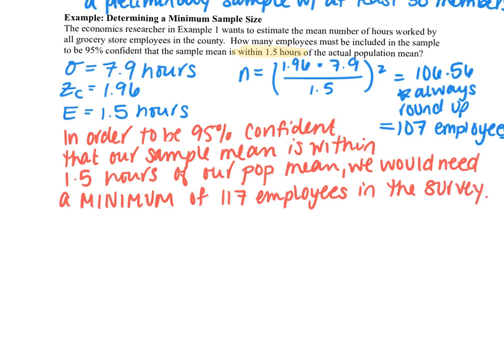Okay, now it could be more than 117, but we need at least 117. Oh, 107, not 117. Sorry, I don't know where I got 117 from. So we would need at least 107 employees in the survey.